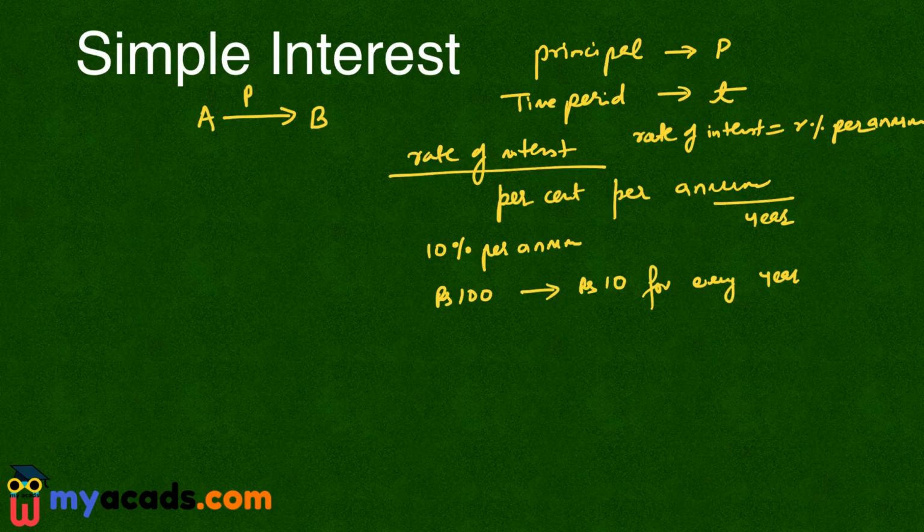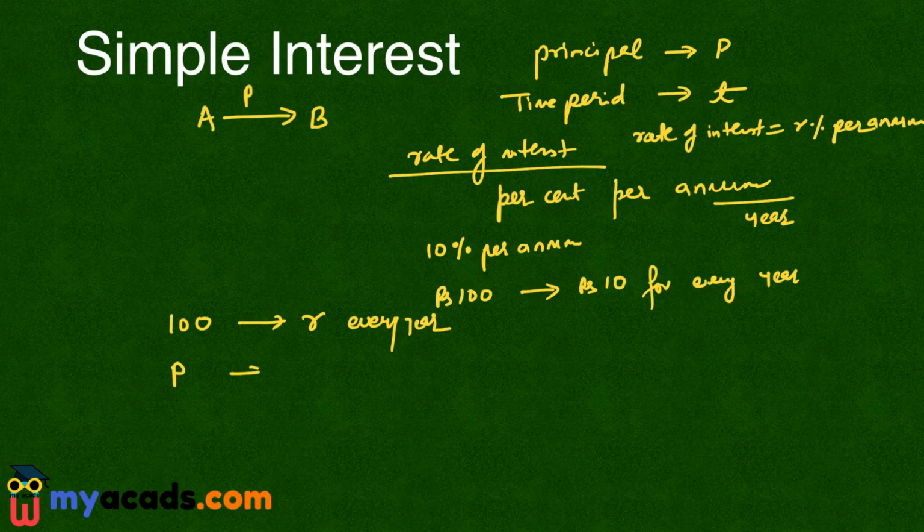Now let's derive the formula for simple interest. The rate of interest given is R percent per annum. It means for every 100 rupees borrowed, I have to pay R rupees every year. Now I have borrowed P amount.